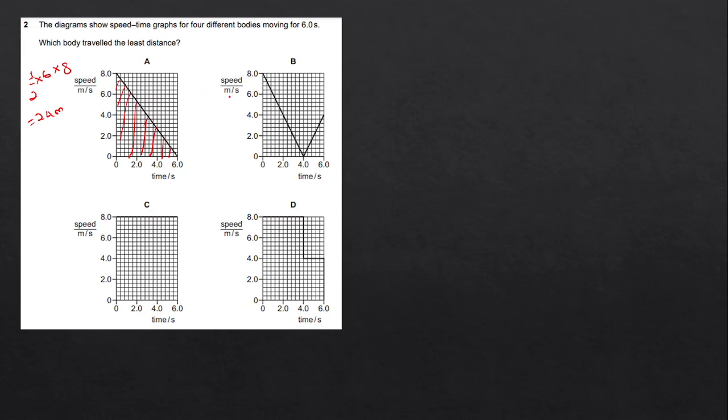Let's look at the second graph. For the second graph, there are two triangles which are to be considered. The first triangle is here and this is the second triangle. For the first triangle, the area is half times 4 times 8 and the area of the second triangle is half times 2 times 4.